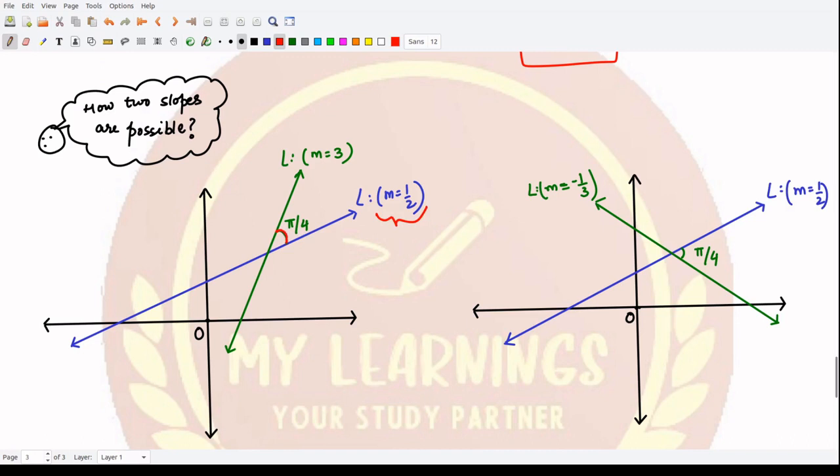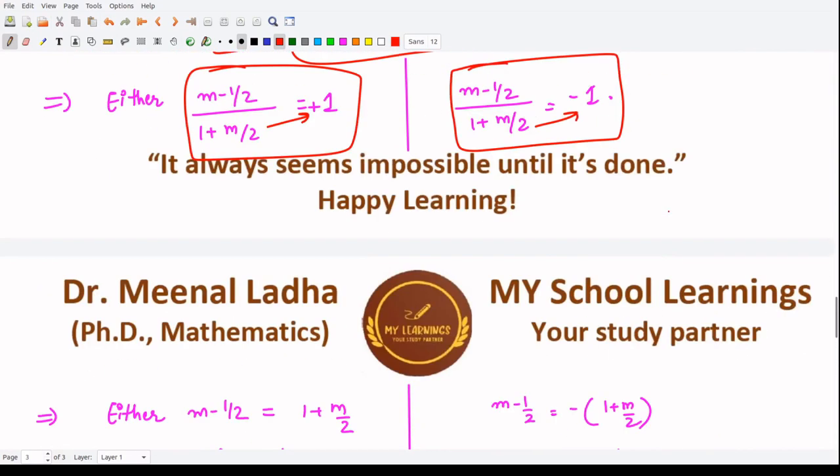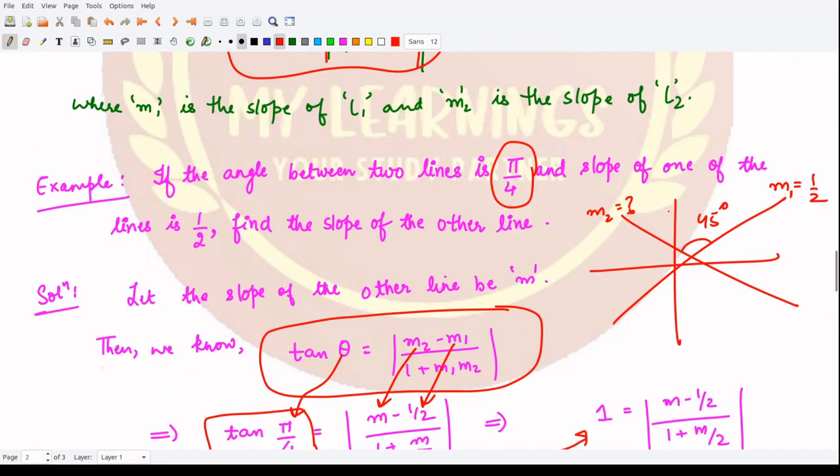So this could be the line where its slope is equal to 3. And in the other case, it could be making an obtuse angle, such that again it is making an angle of 45 degrees with this line. So in that case, the slope is different. This is how you obtain two different slopes when you are given an angle and the slope of one line.